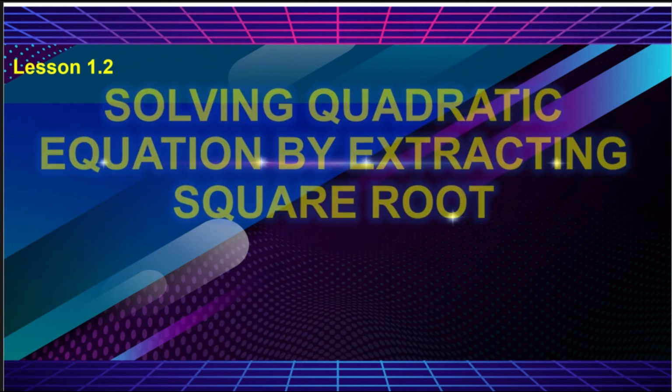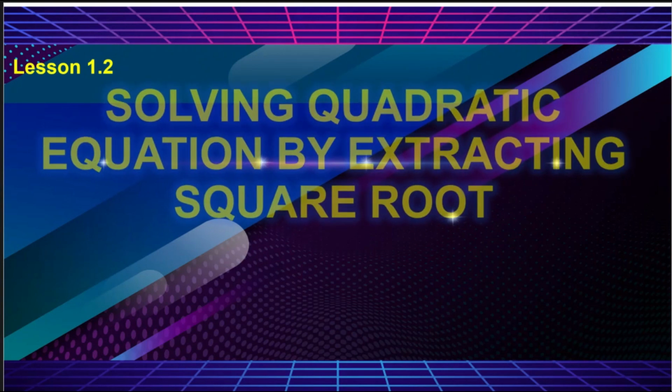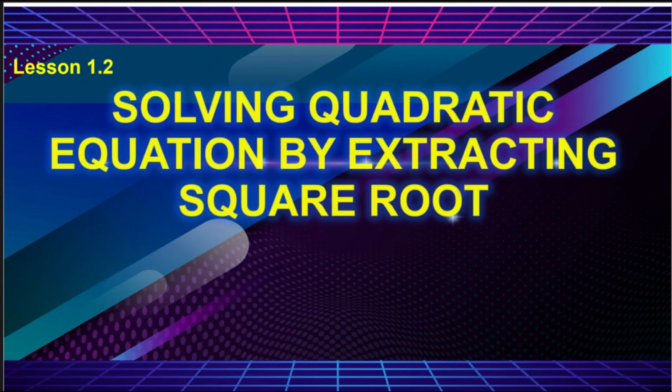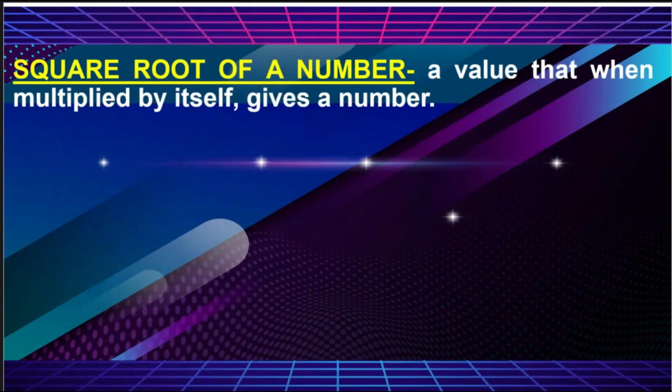Before anything else, let us first unlock the word extracting and square root. Extracting means to pull out or take out forcibly, meaning atong tangtangon or kuhaon. And the square root of a number means a value that when multiplied by itself gives a number.